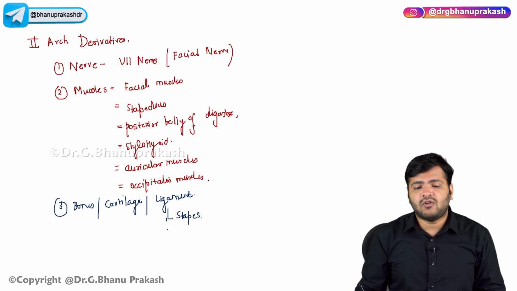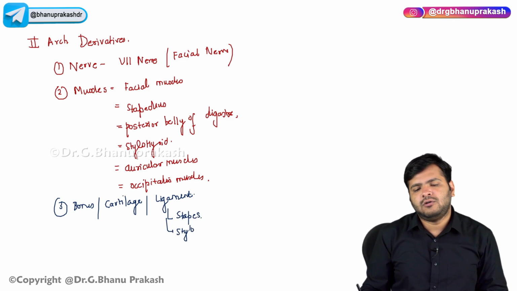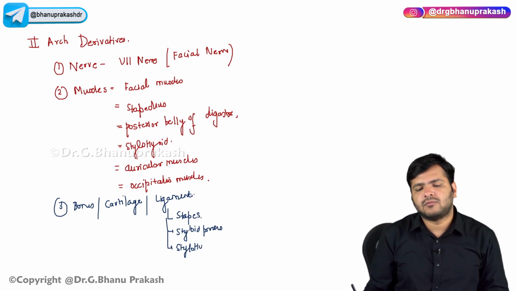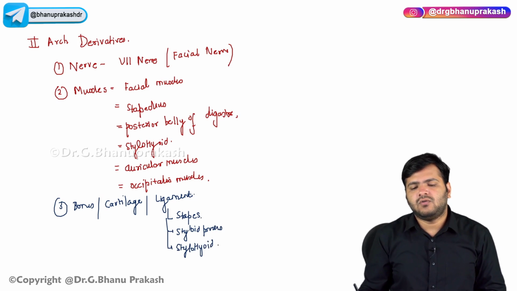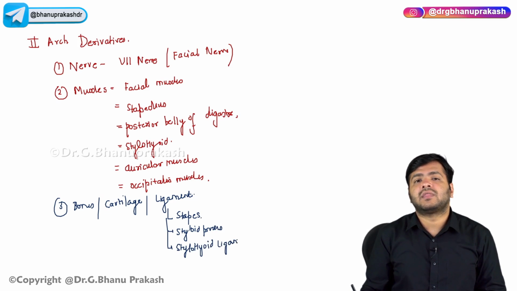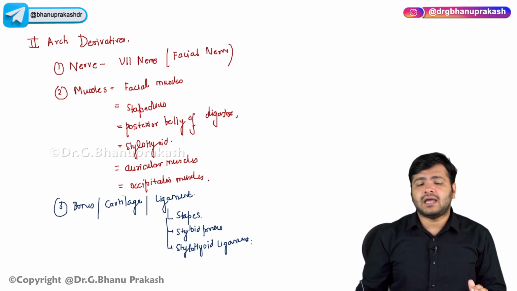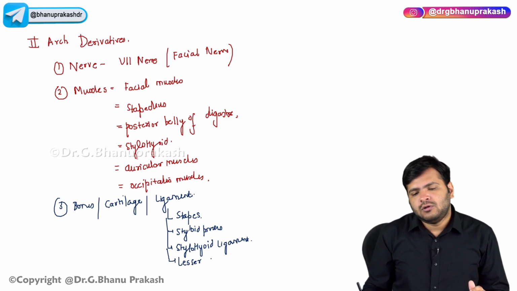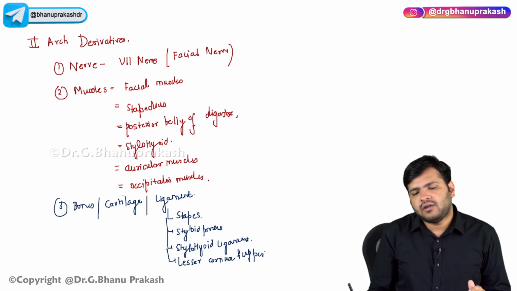Then we have the styloid process, the stylohyoid ligament, and the lesser cornua and upper body of the hyoid.